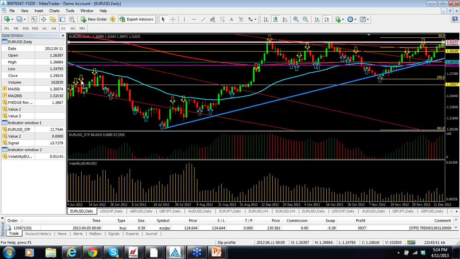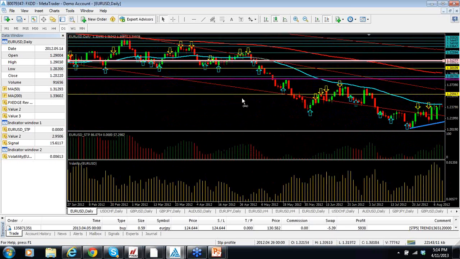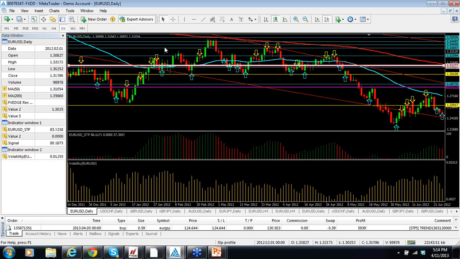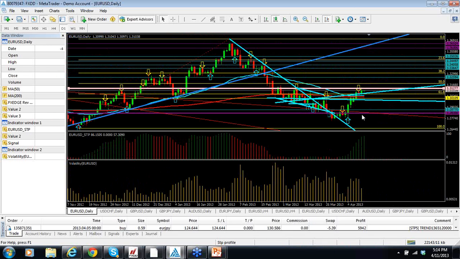If I go back even further, you're going to see more of the very same thing. Here we see that it becomes an area of support, with price repeatedly bouncing off that 130-100 area on the euro dollar. For that reason, we believe there's a higher probability of it selling off than having a continuation, because that's what it has done in the past.